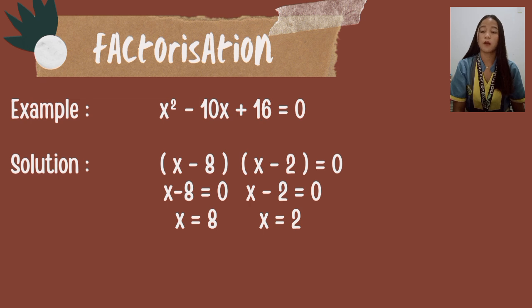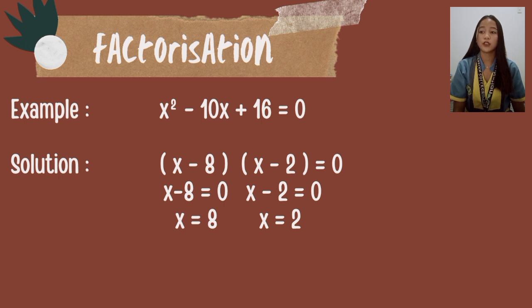So, here's the example of factorization. x squared minus 10x plus 16 is equal to 0. If we solve this quadratic equation by factoring, what we need to do is create two parentheses and figure out the factors of x squared, and that is x and x.